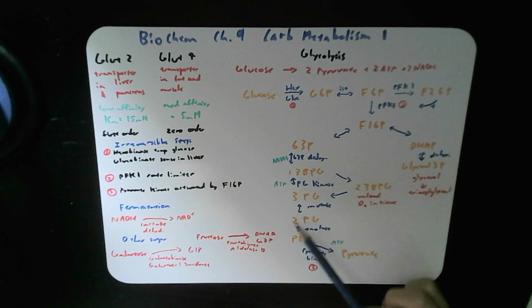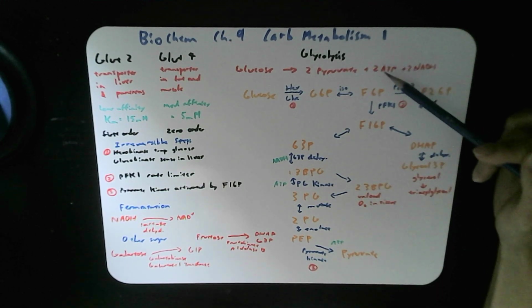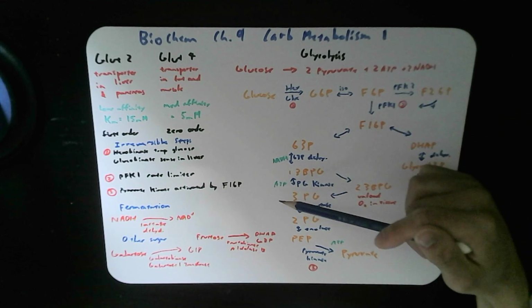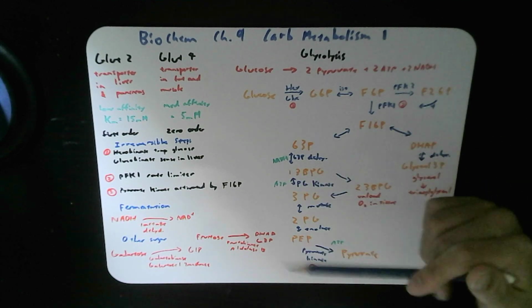Finally, after all three of these reversible steps, it commits to the pyruvate kinase step, which is irreversible, into the pyruvate molecule, and this step creates ATP. So you can count 2 ATP from this and this, and 2 NADH, this and another one again.